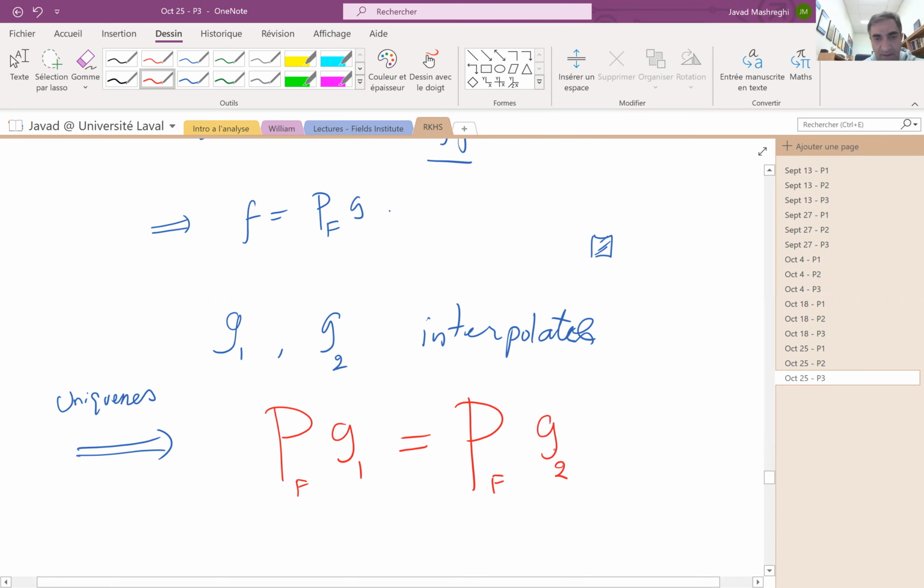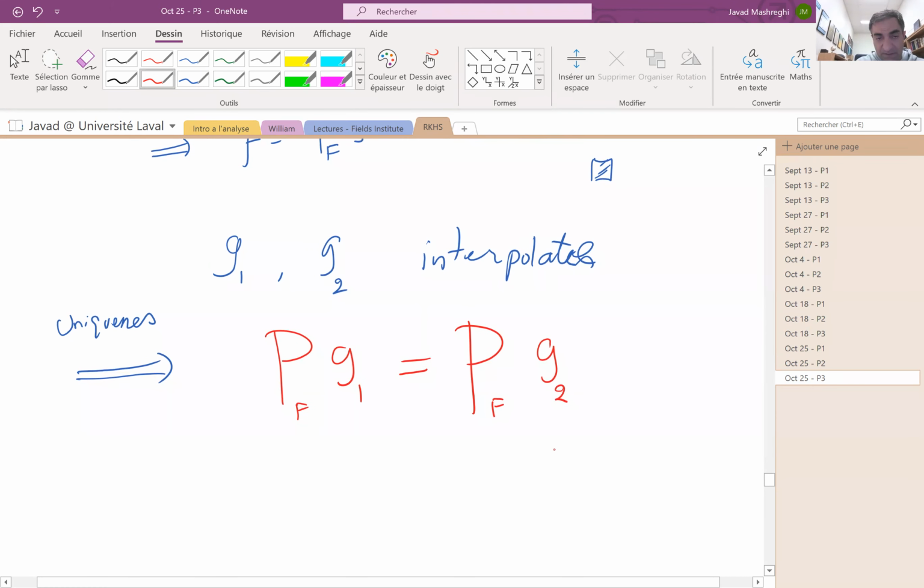At the end of the day, you end up with the same function. And this function is in the span of kx1 up to kxn.